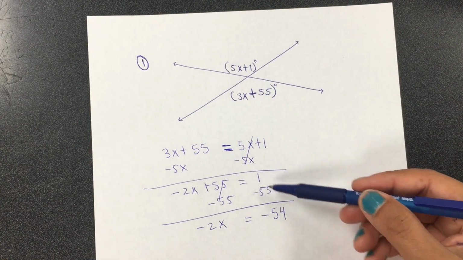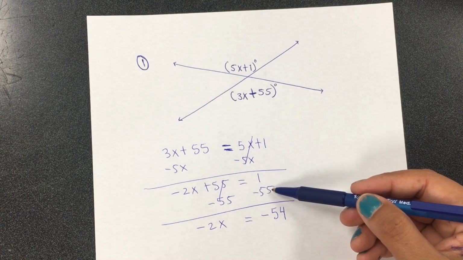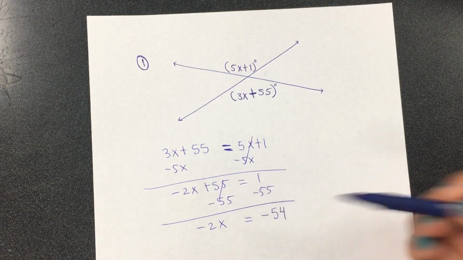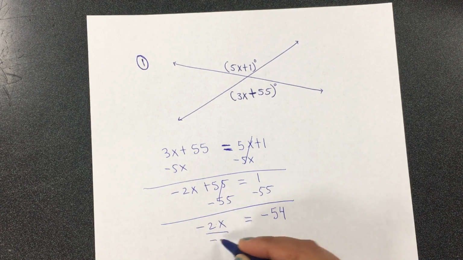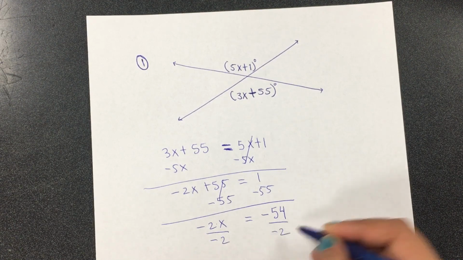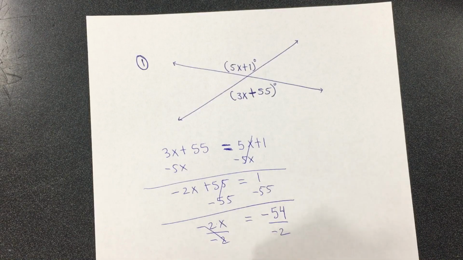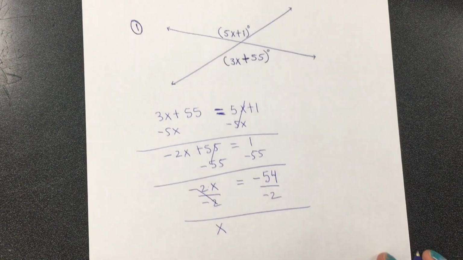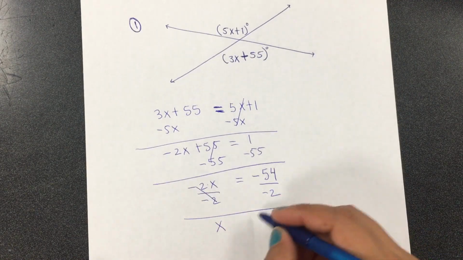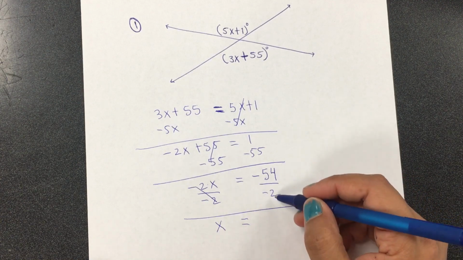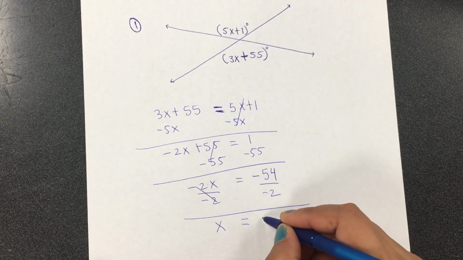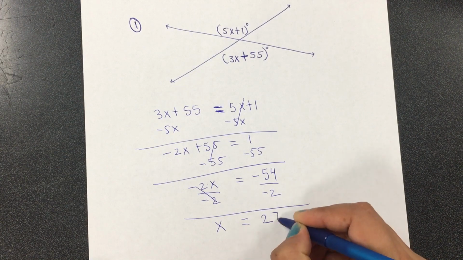Because I have a positive 1, negative 55. I subtract and leave the sign of the greater one. Finally, since it's multiplying, the opposite is to divide by negative 2. Remember that in division we always carry the same sign. And so this is equal to negative divided by negative is positive, and 54 divided by 2 is 27.